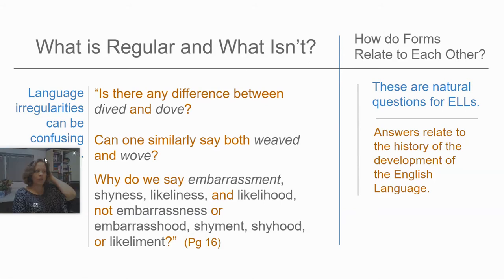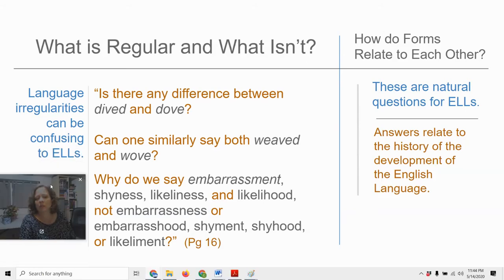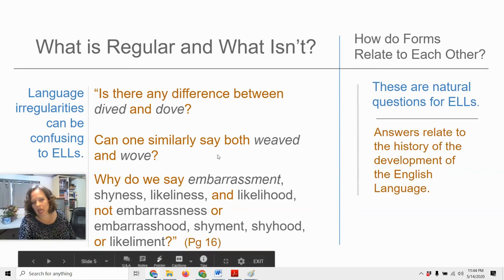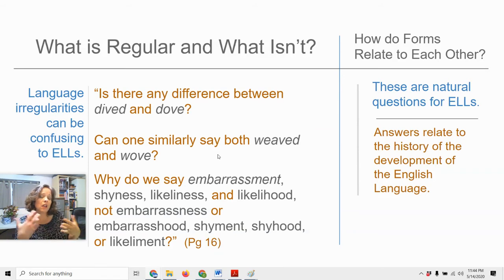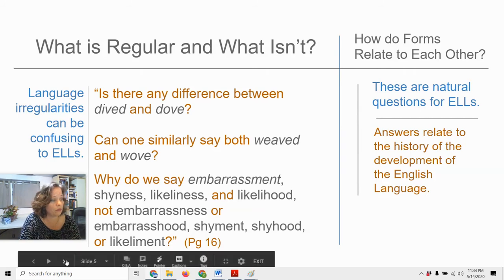So examples are given, and I won't have time in this presentation to go through all the examples. You can look at them on these slides, but it's important just to remember that language irregularities can be confusing, and that's really normal. Of course, as you as an educator really come to understand these patterns, we can all have better empathy and be able to address our ELs' questions and anticipate their needs better.